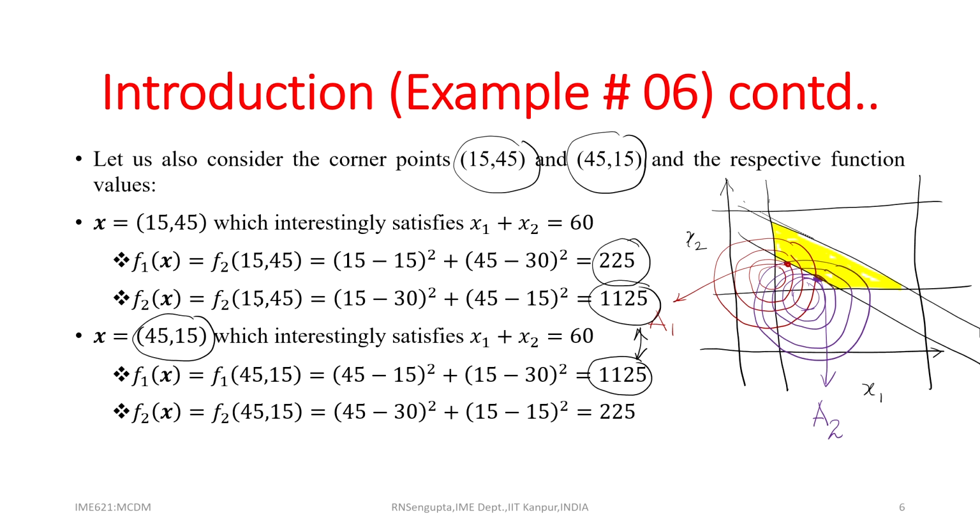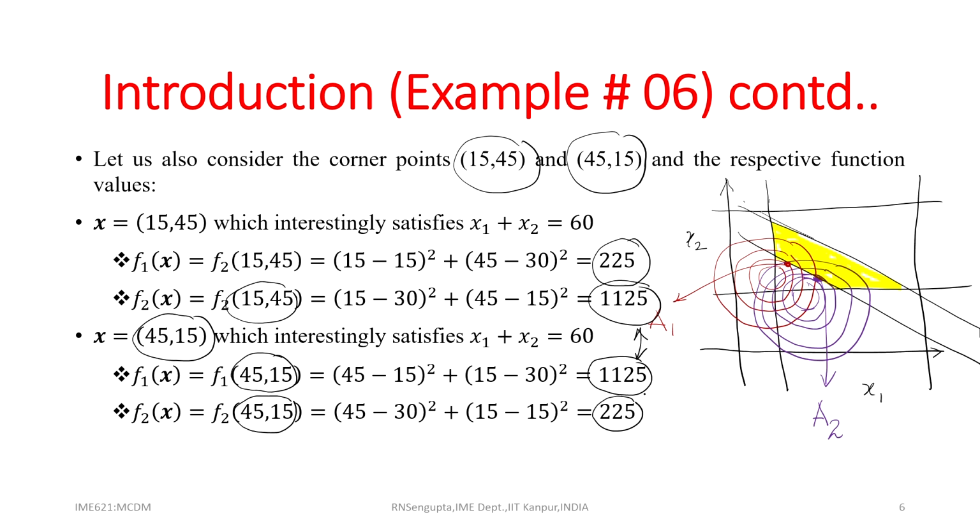So, obviously, a change in the coordinate and the corresponding change in the values of f1 and f2 are exactly the same. To further corroborate, check the value of f2 at 45, 15 and the value comes out to be 225.